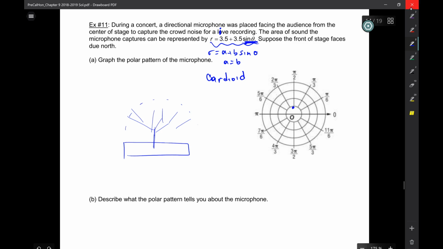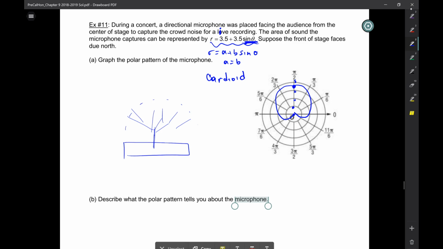So if we go 2, 4, 6, 8, this is about 7. At pi over 2, it's going to go over there. Now, what does a cardioid look like? It's like a heart, right? So its pole is here, and it's going to branch out like this. Okay? So I did a very rough sketch of a cardioid.